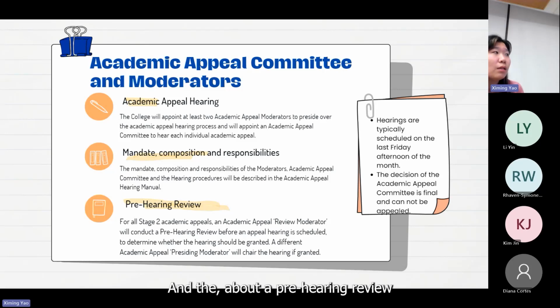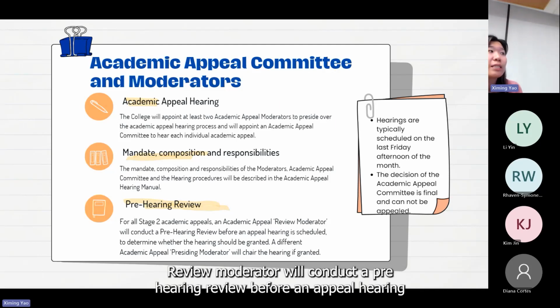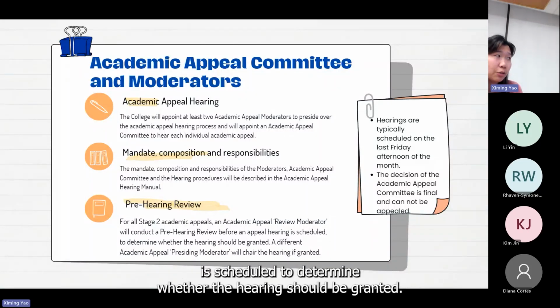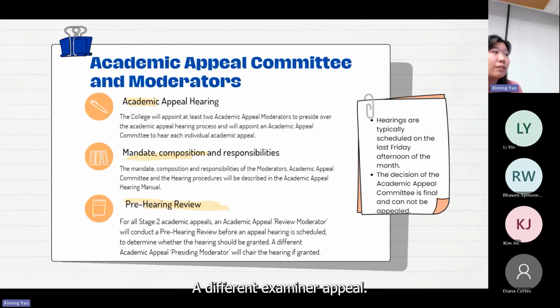And about the pre-hearing review for all stage 2 academic appeals, an academic appeal review moderator will conduct a pre-hearing review before an appeal hearing is scheduled to determine whether the hearing should be granted. A different academic appeal presiding moderator will chair the hearing if granted.